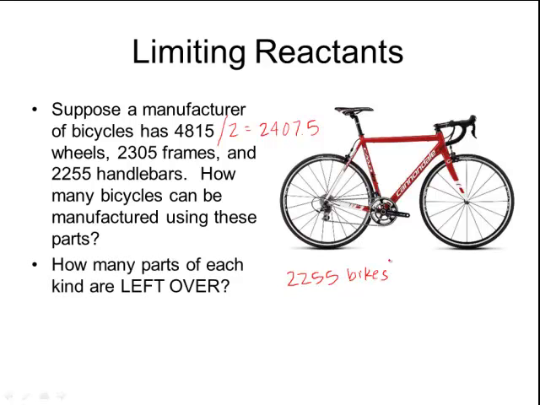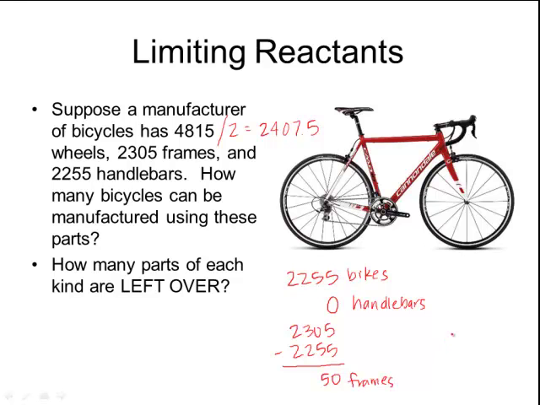Now I can also figure out how many parts of each kind are going to be left over. Knowing that I'm going to use all of the handlebars, I will have 0 handlebars left over. If I started with 2,305 frames and I use 2,255 of them, that's going to leave me with 50 frames left over.